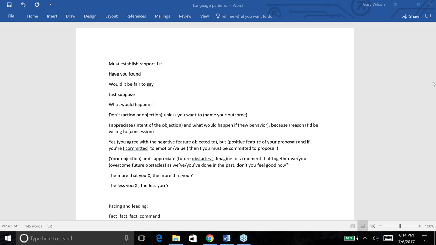Sure. Linguistics are sort of my wheelhouse, so I always enjoy when I can figure out how to best apply that. And yeah, I think these patterns would be very, very effective.